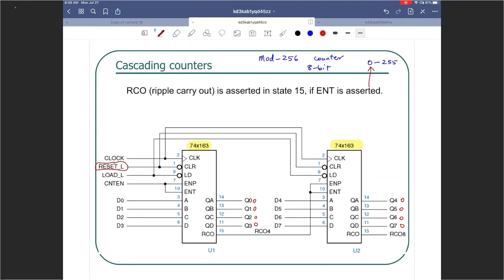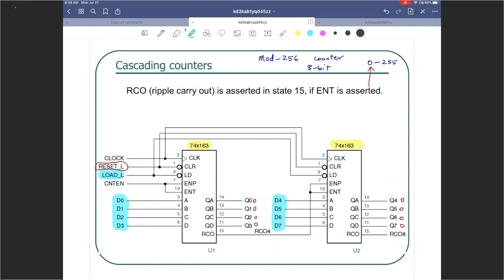Then I have load_L. Let me highlight that in blue. I can use this to load an arbitrary input into the counter, right? And that arbitrary input should be provided using D0, D1, D2, D3, D4, D5, D6, and D7.